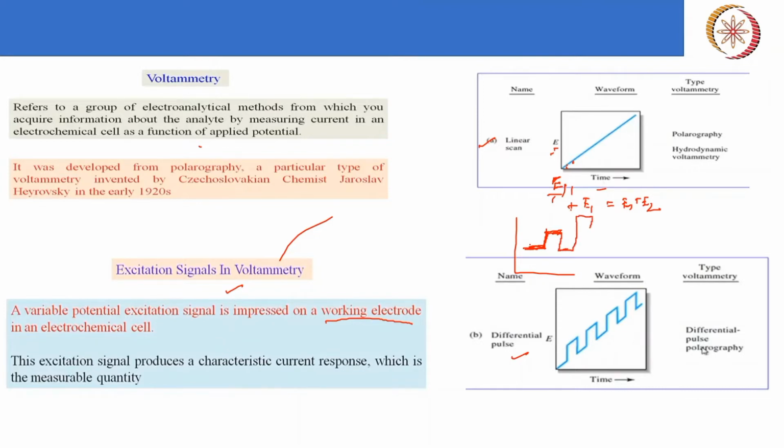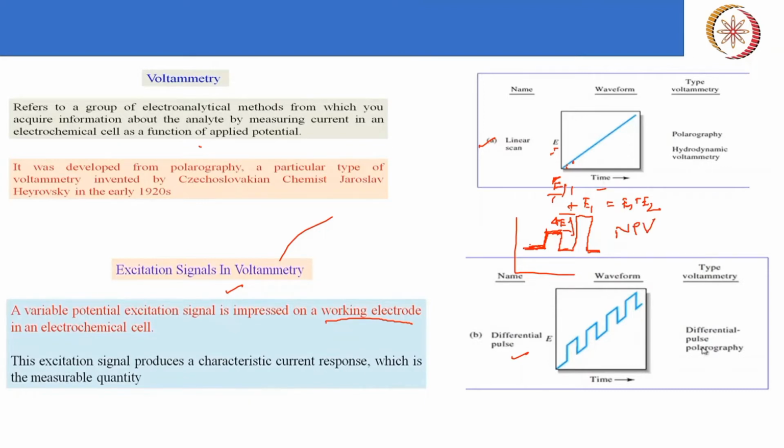Again you apply the potential, increasing like this, and when you give the relaxation time, it comes back to the initial baseline. This is the delta E, the increase in potential of your system. This is the normal pulse voltammetry.